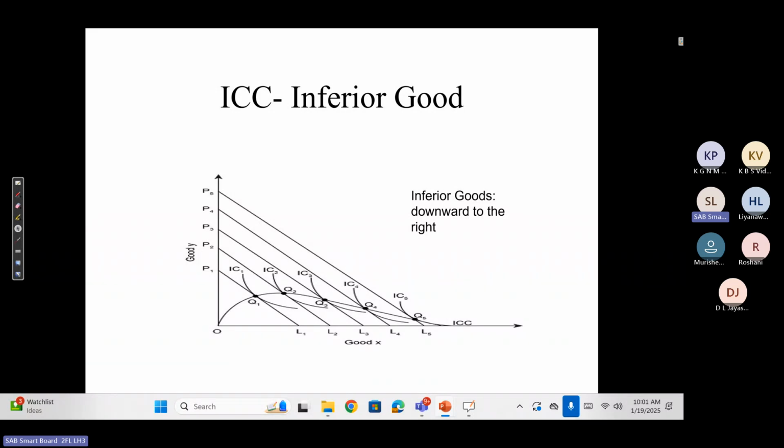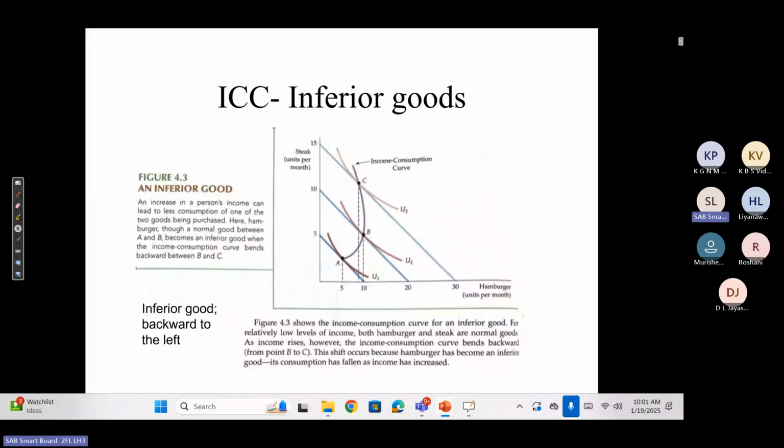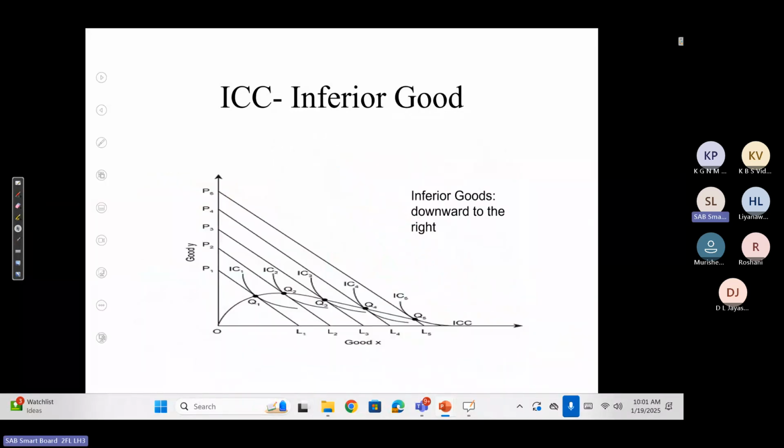But what you can see, for product X, initially there is a high demand. When the income level increases, demand also increases, then with further income it decreases.